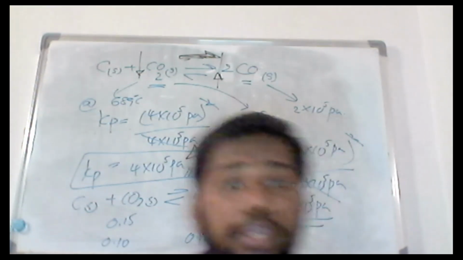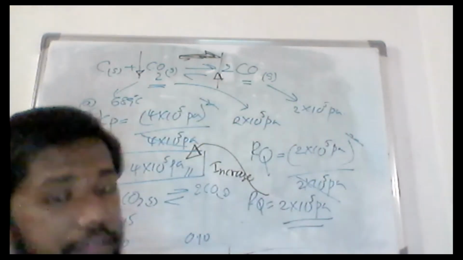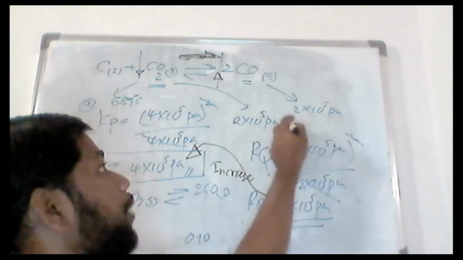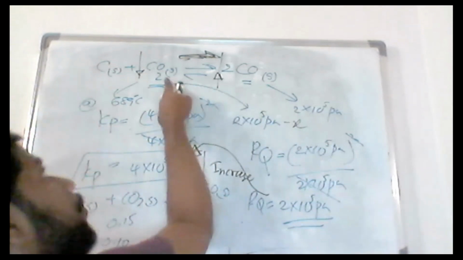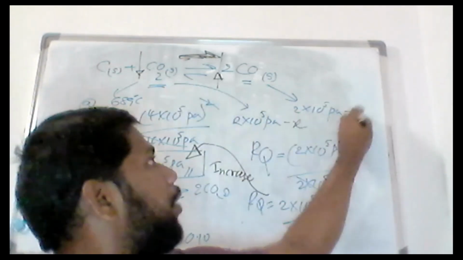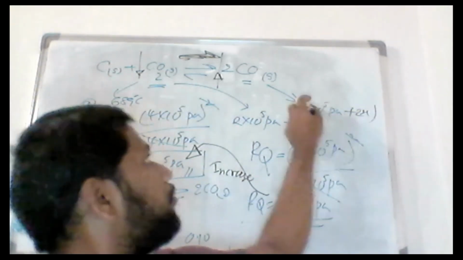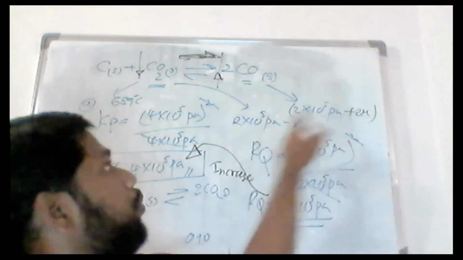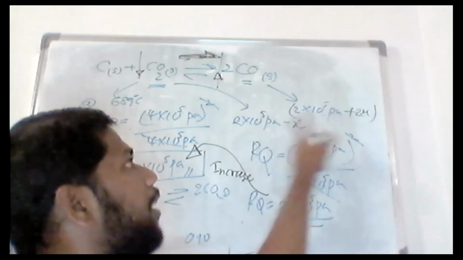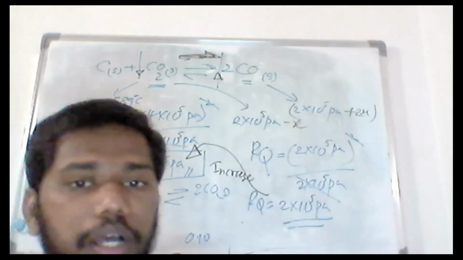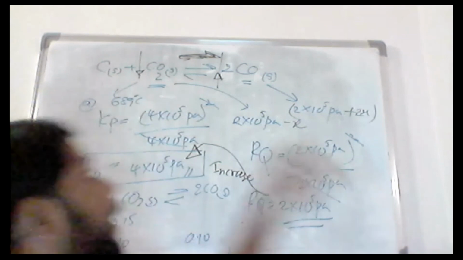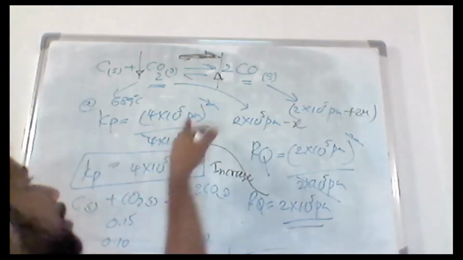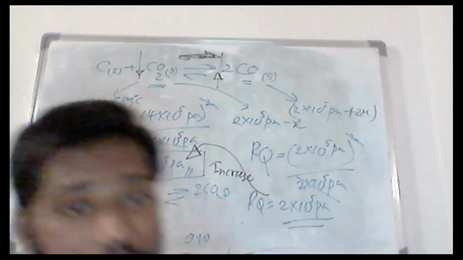Otherwise, what you can do here, you write here 2 into 10 to the power 5, and you put here minus x into the CO2 side, and here you put plus 2x into CO because stoichiometry is 2. Then you use this value because these are the final pressure values of these two, CO2 and CO, and you plug this in the Kp expression where your Kp is 4 into 10 to the power 5.